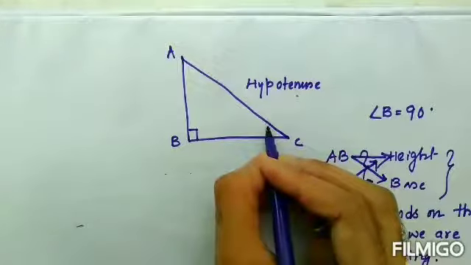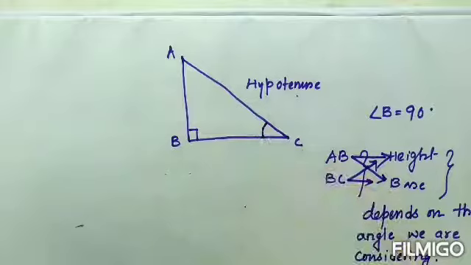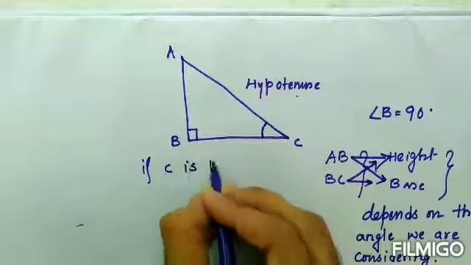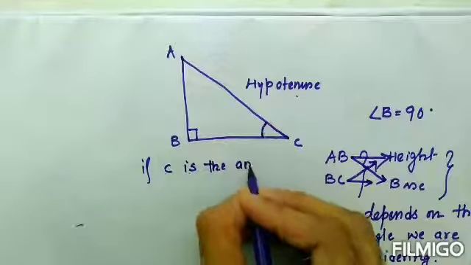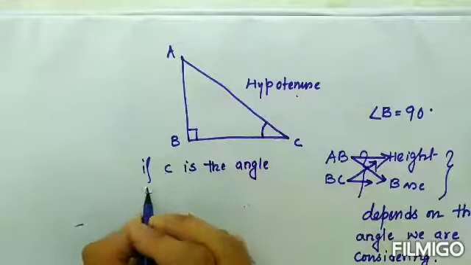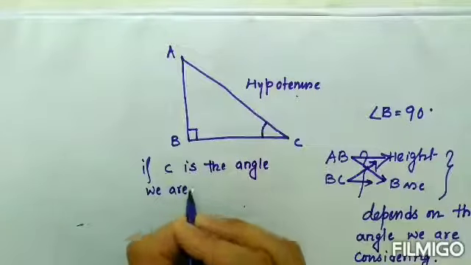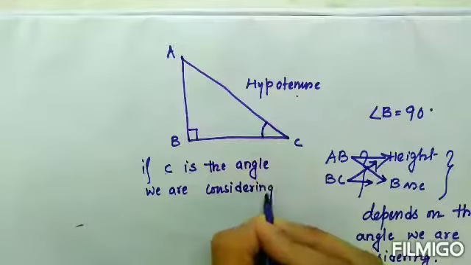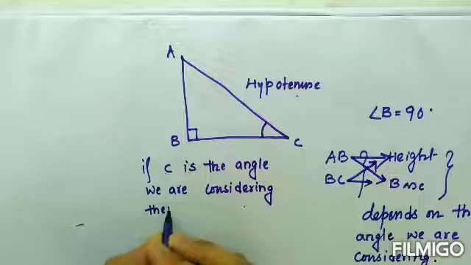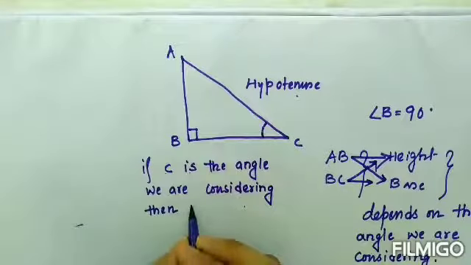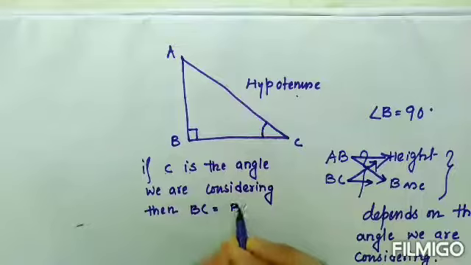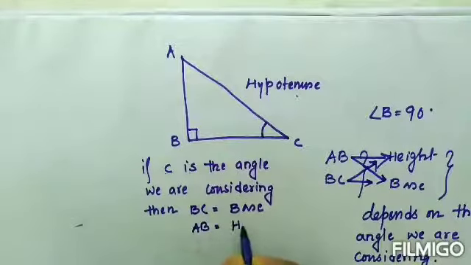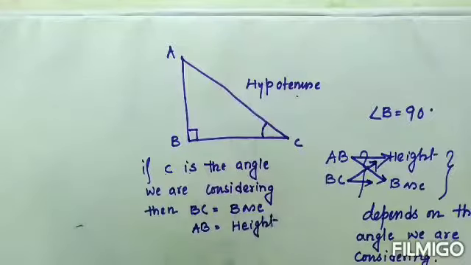Suppose C is the angle we are considering, then BC is equal to base and AB is equal to height.